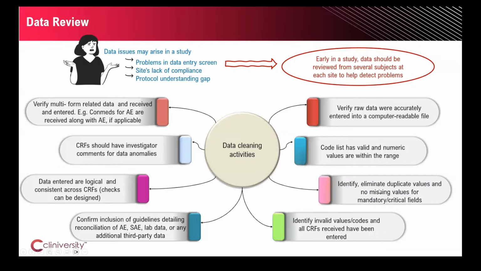Identifying and eliminating any duplicate values, and the system flags if any critical or mandatory fields have missing values. We're able to identify if the codes and values are invalid. Usually there should be a warning or a pop-up message from the system indicating this.